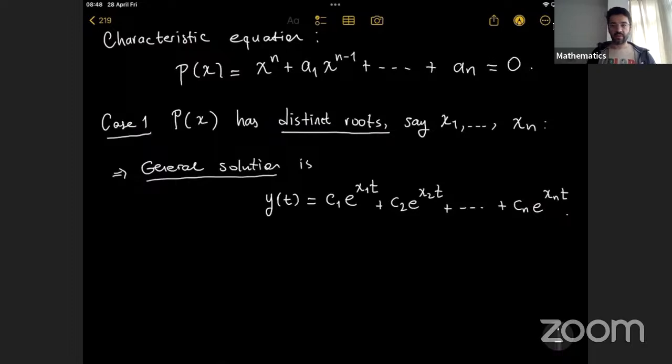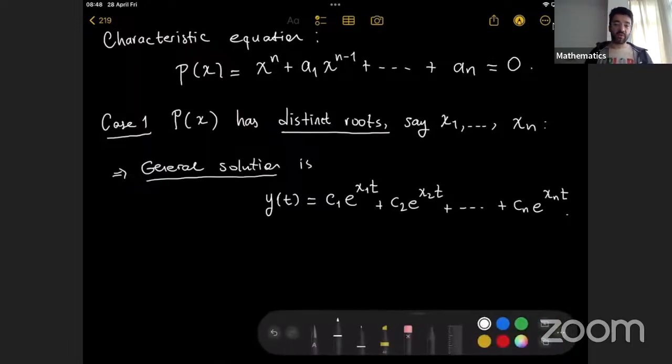The only difference is you take the real and imaginary parts of the complex solution. It's even easier when we have complex roots because you work with only half of the roots. You don't need to take the conjugates, right? Because one complex solution gives you two real solutions. So once you find the roots, the rest is easy.